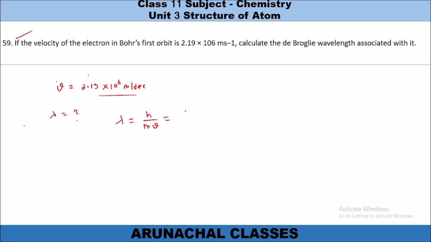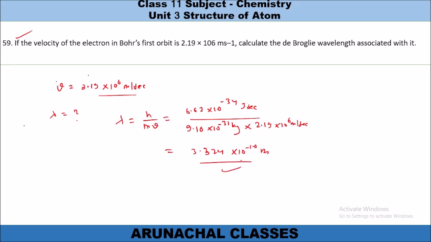Now h value is given as 6.62 into 10 power minus 34 joule second divided by mass of electron 9.10 into 10 power minus 31 kg. Now velocity is given as 2.19 into 10 power 6 meter per second. Now when we solve this one, it will be 3.324 multiplied with 10 power minus 10 meter. So in this way we will find this question. Now we are with question number 60.